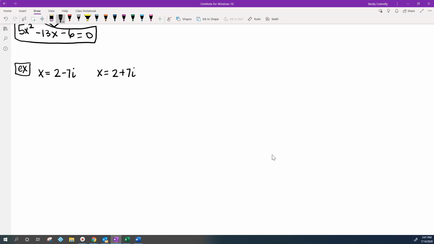All right, so we've got some imaginary solutions this time, these complex solutions, and we can still do the same thing that we were doing above. If it gets confusing how you need to write them in the parentheses in the factored form, remember you're just subtracting everything over to one side to get the other side equal to 0.